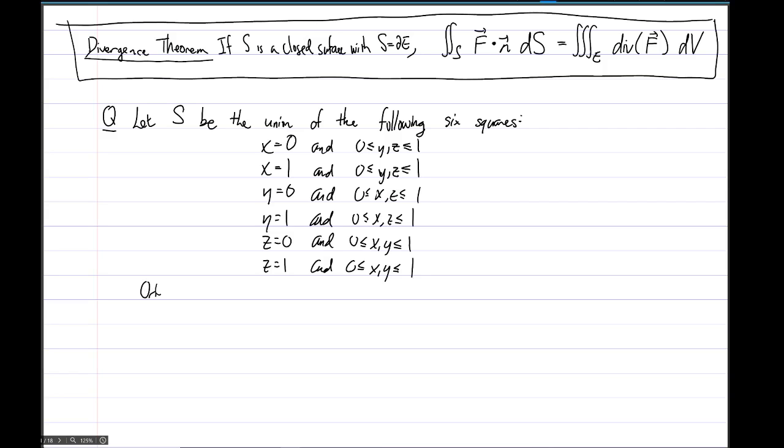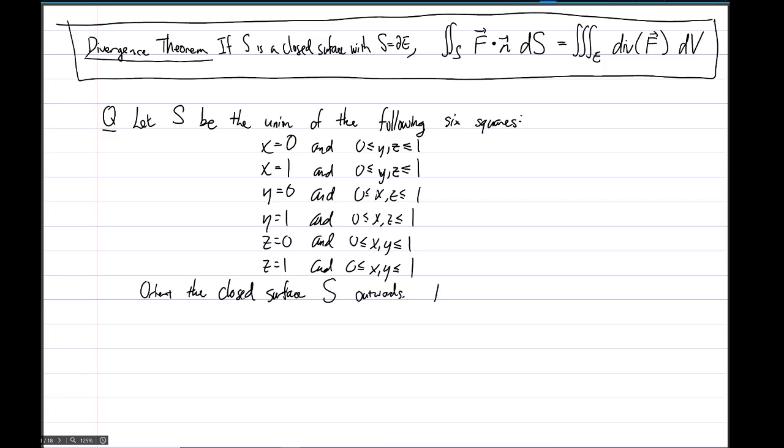Now orient this closed surface. These 6 squares, when attached together, like Lego pieces or something, describe a closed surface. So orient the closed surface, capital S, outwards.